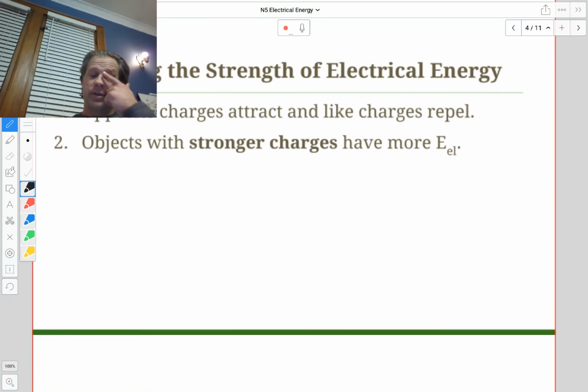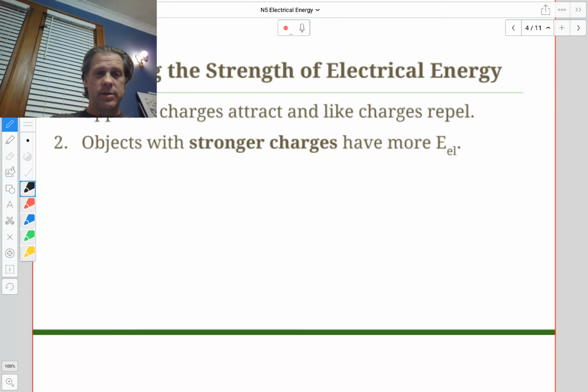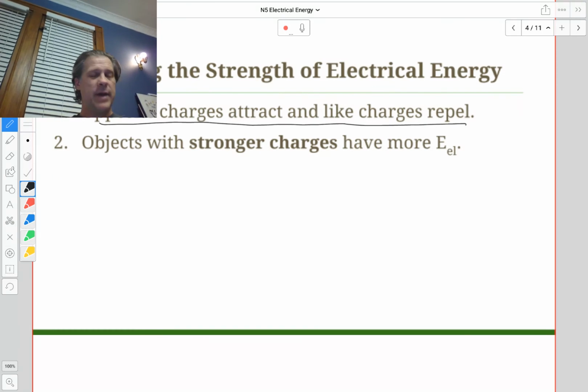If we're going to predict the strength of electrical energy, there are 4 rules that you need to keep track of. The first rule says that opposite charges attract and like charges repel. We've talked about that a couple of times already this unit, but it's good to keep in mind. Number 2 is objects with stronger charges tend to have more electrical energy. We'll look at a couple of examples in a second.